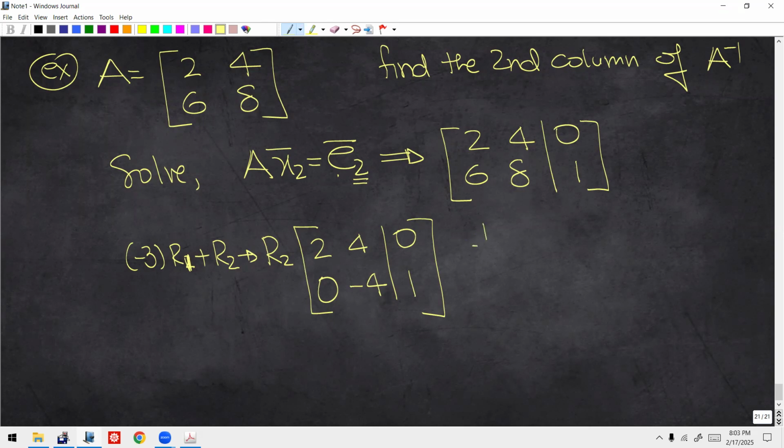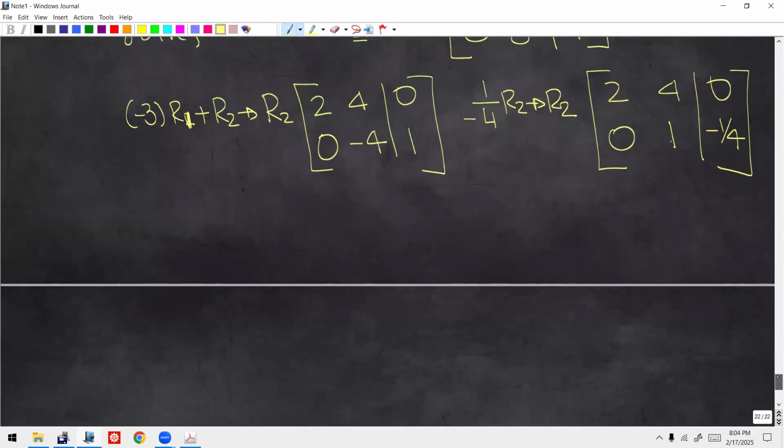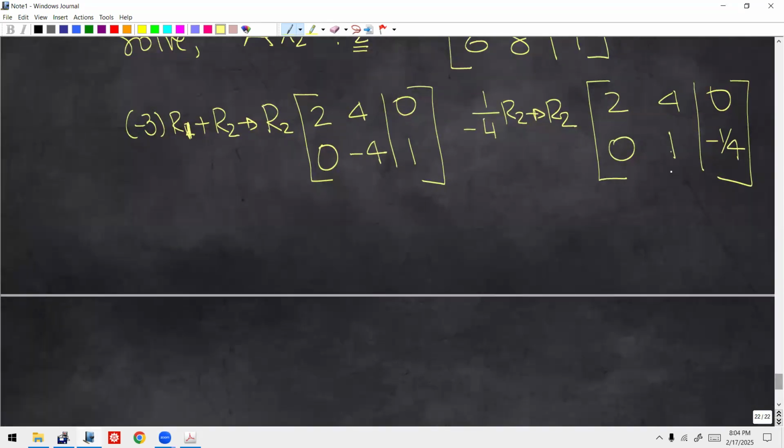So 1 over -4 times R2 will give us a new R2. The first row stays the same. So we get 0, 1, -1/4. Now we could take 1 and add it to the first row, or we can just do back substitution at this stage if you wanted to.